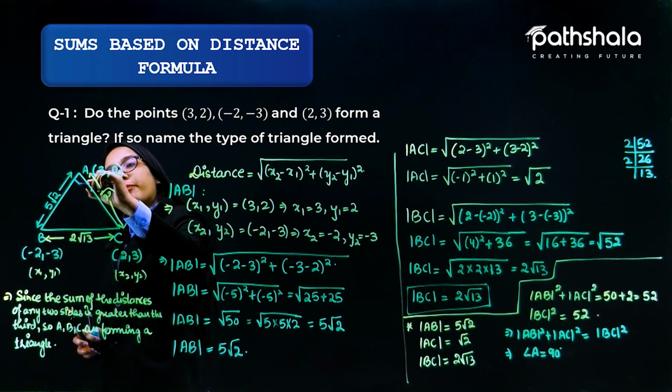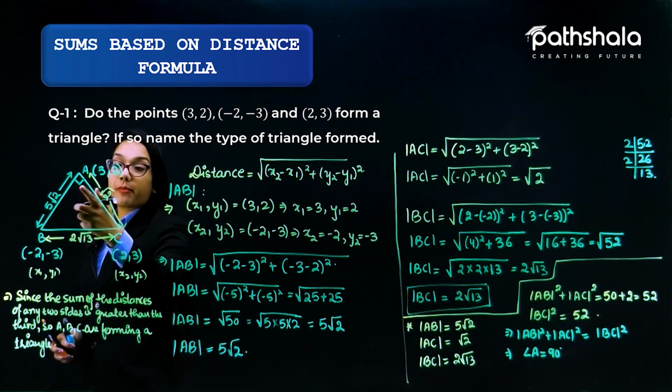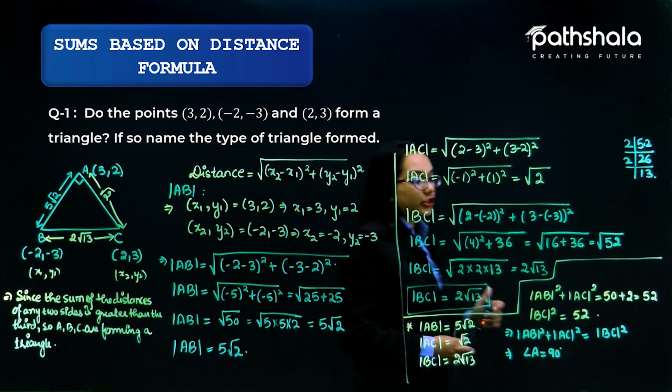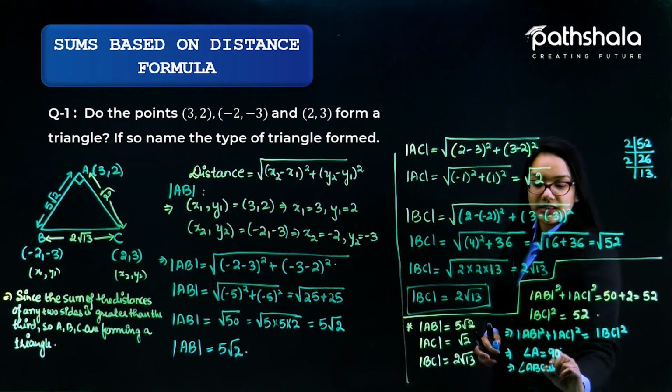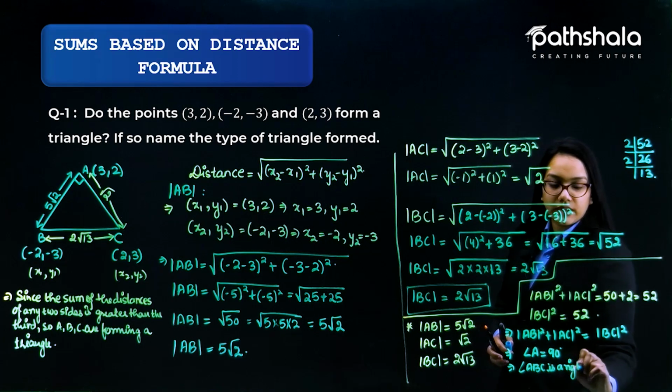It means we have a perpendicular over here, and then definitely the triangle ABC is a right angled triangle.